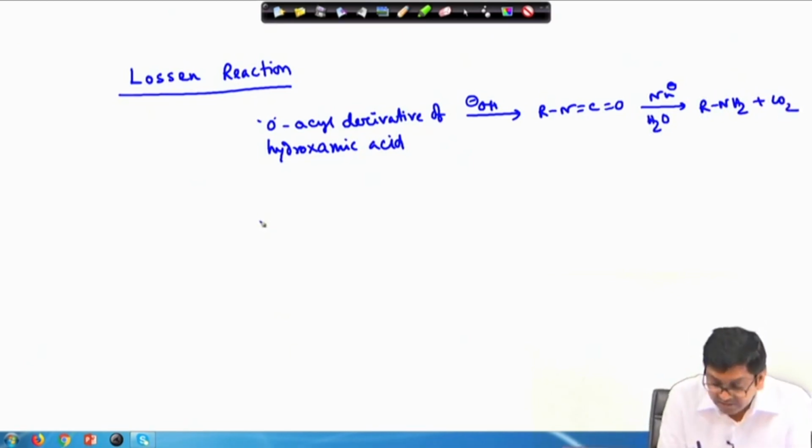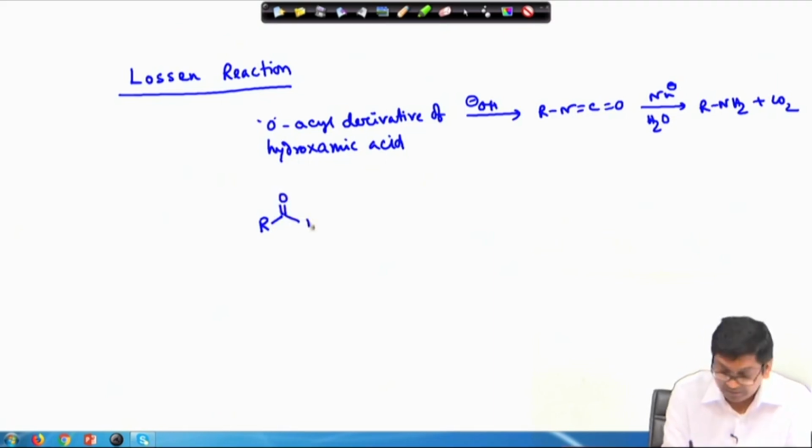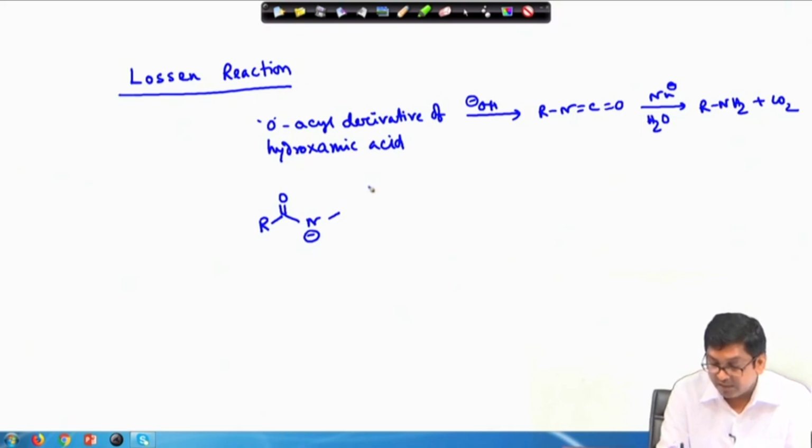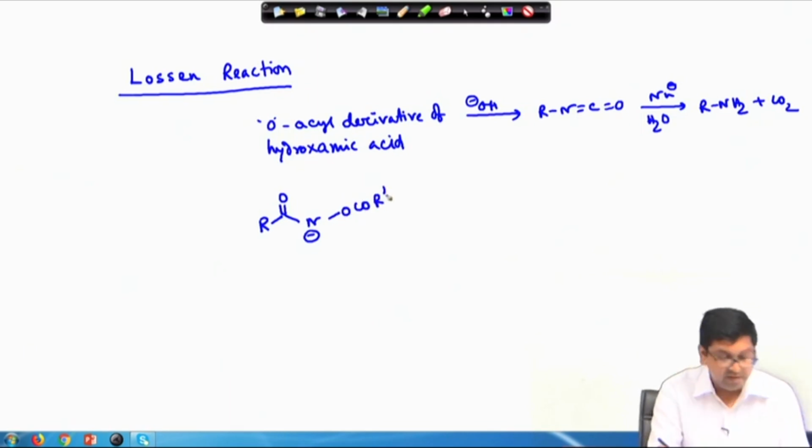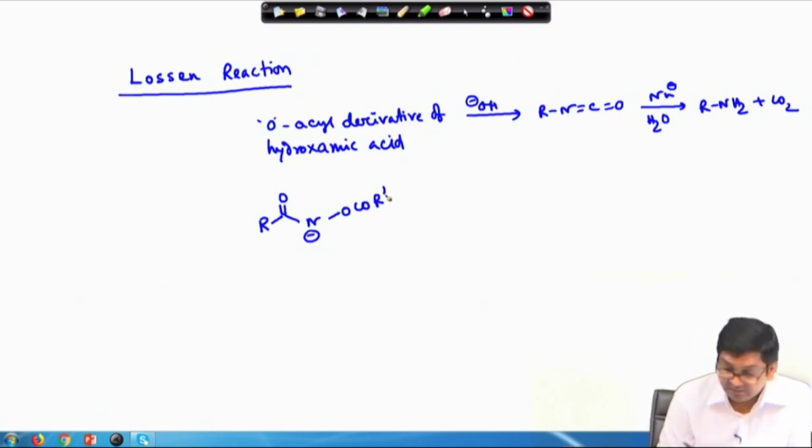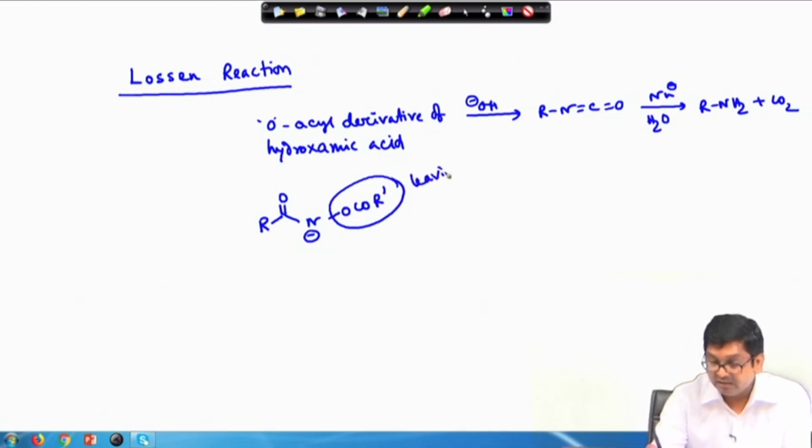Okay. The only difference with the Hofmann is that here this O-acyl derivative of the hydroxamic acid is the starting material, and in this case the leaving group is this one.